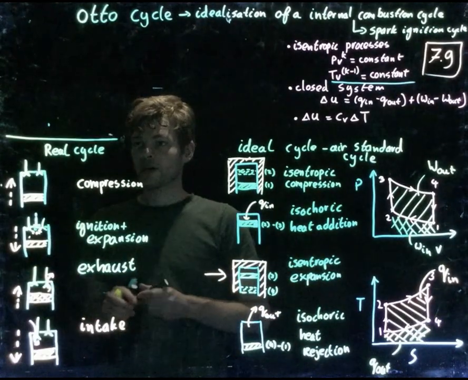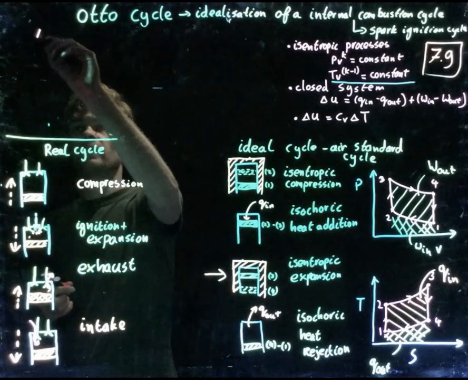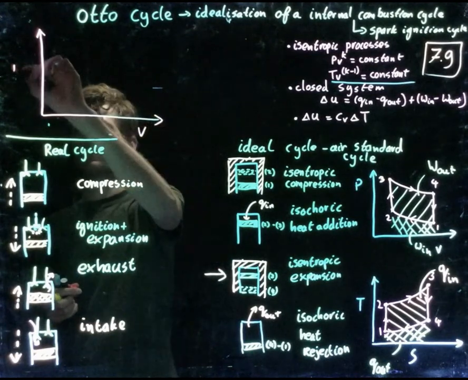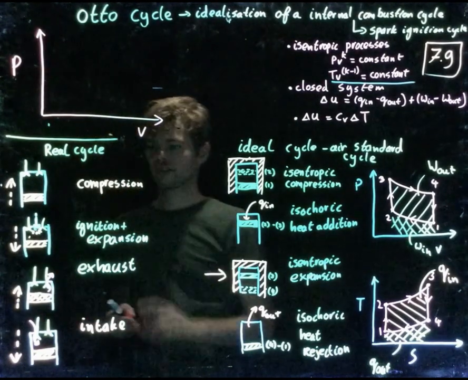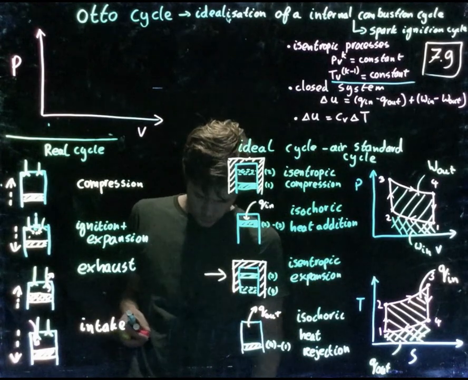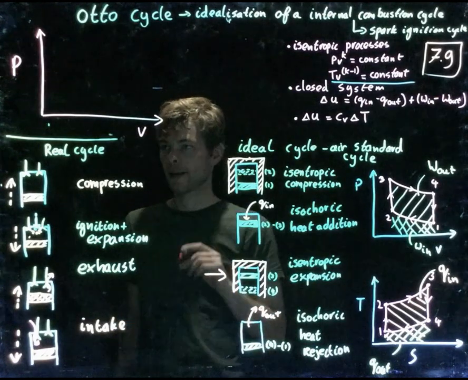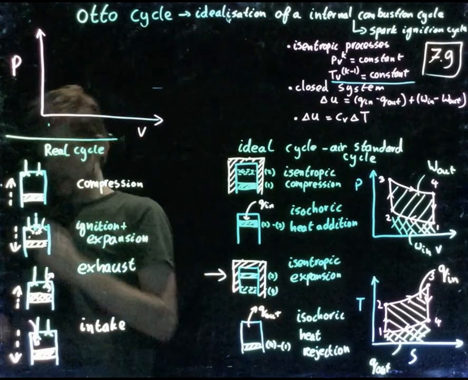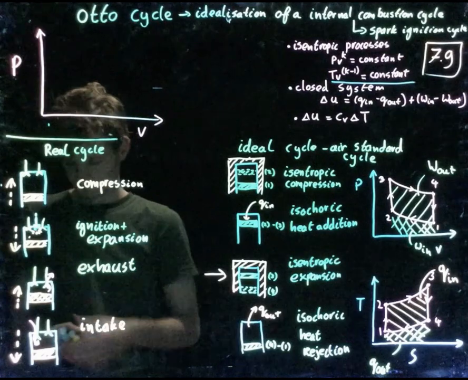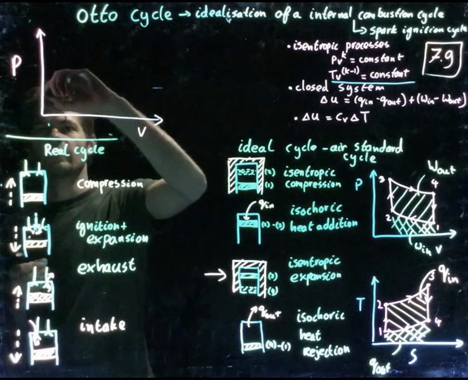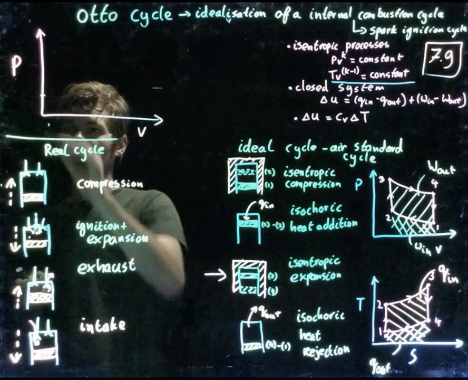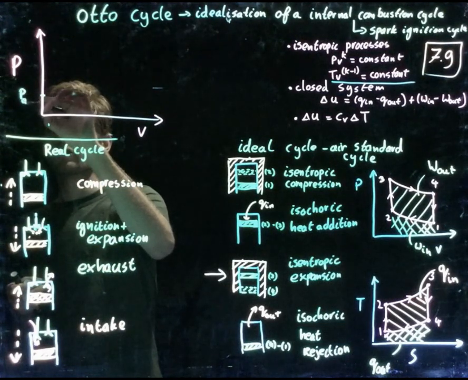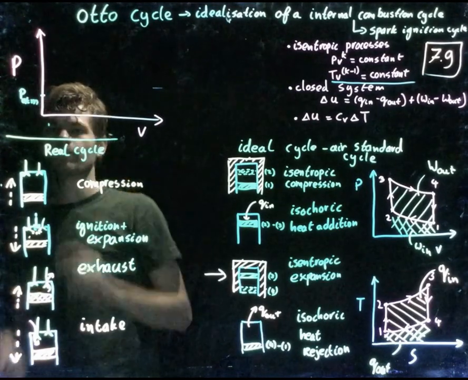So the real Otto cycle, I'm going to show you a PV diagram, pressure and volume. I'm going to start at the exhaust pressure, and that's about here. The intake and the exhaust strokes take place at approximately atmospheric pressure.